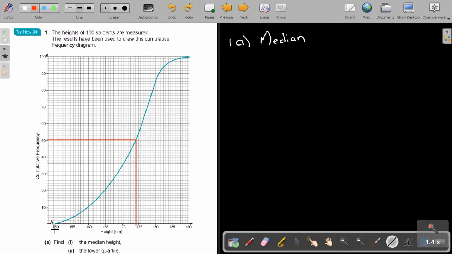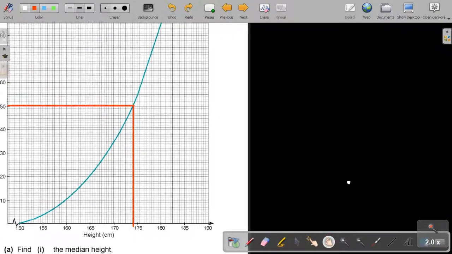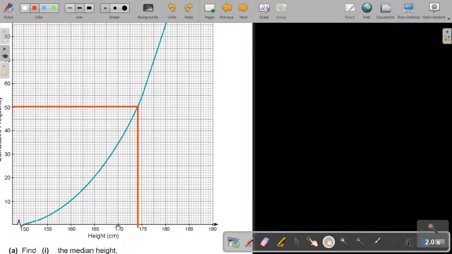Remember this is going to be 55. It seems every 2 blocks, I have to make it bigger so you can see better, every 2 blocks is going to be 1. So it's 174. It looks like 17, it's 1 back. So if I look at that one, it's 174 centimeters.